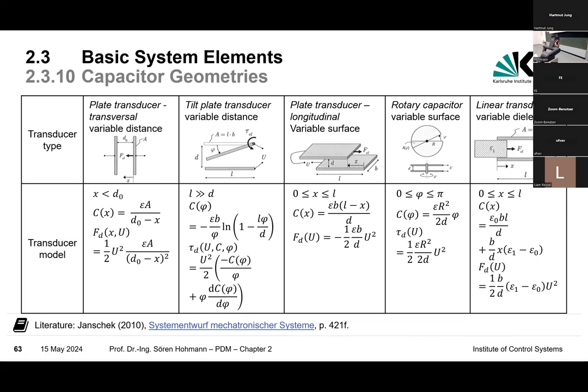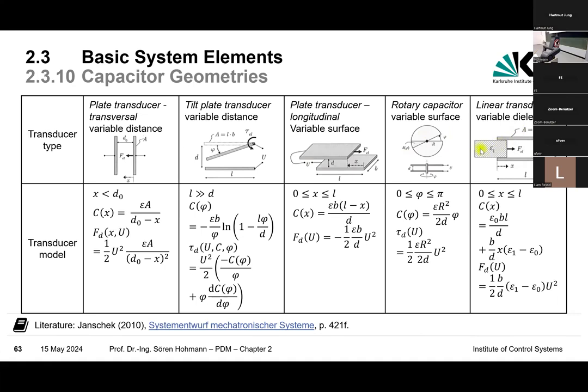So please, it's not necessary that you know how to get these formulae. C of phi is something from electromagnetics. Or plates which are movable in x direction, something like a rotary capacitor.